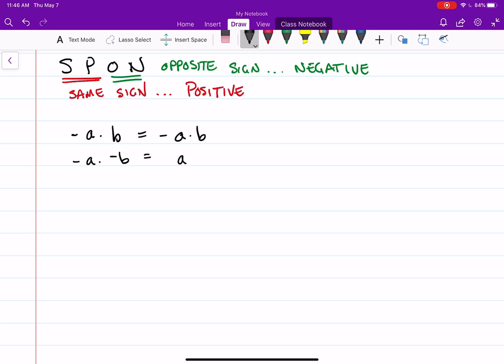So it's just going to be a times b. These are called product. Product is the result after multiplying.